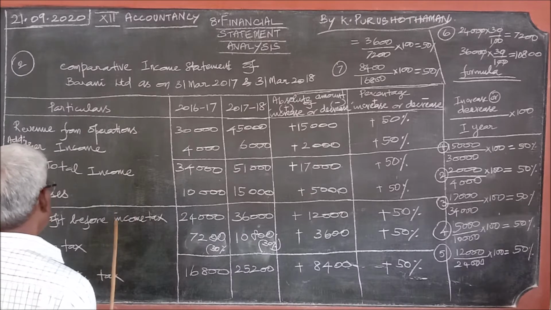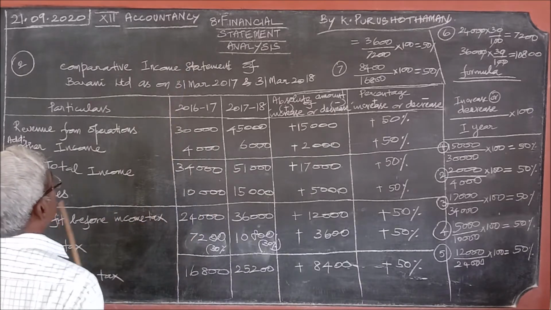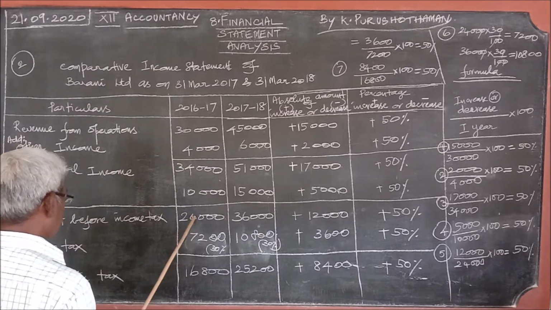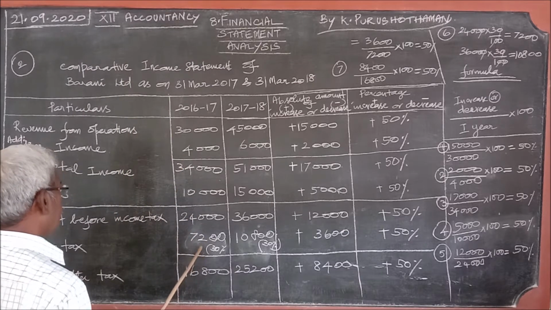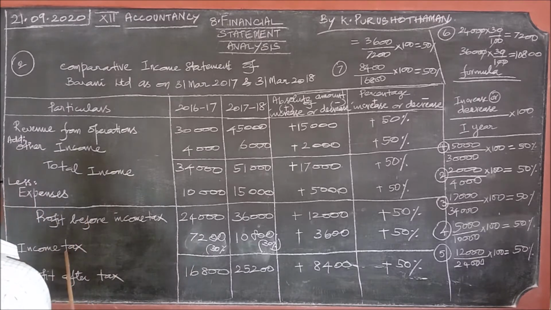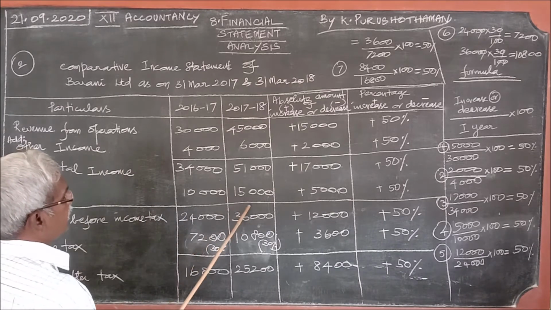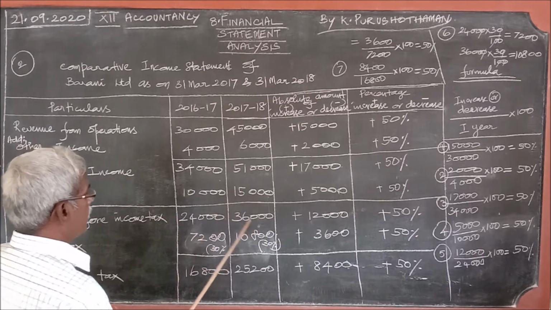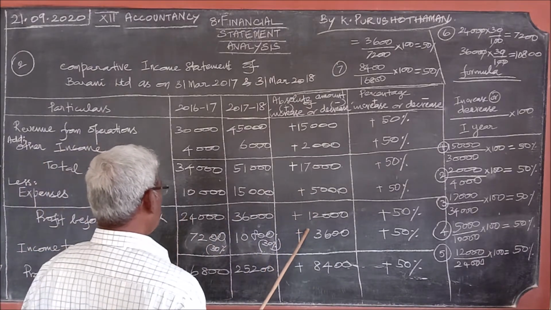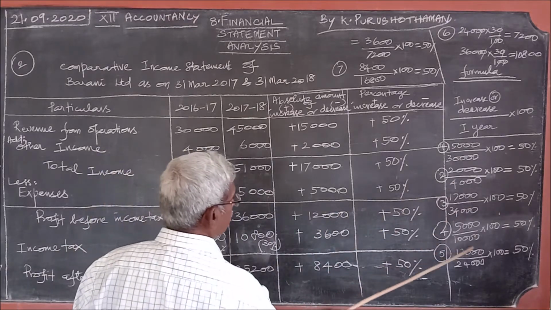So, this is the profit earned by Bharani Limited. But from this, they will have to pay tax also. Before paying the tax, what is the profit? That's what we have found. How much is the increase in these 2 years? 36,000 minus 24,000, 12,000. So, 12,000 by 24,000 into 100.